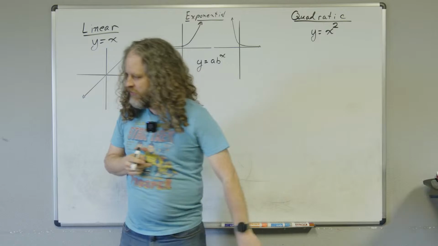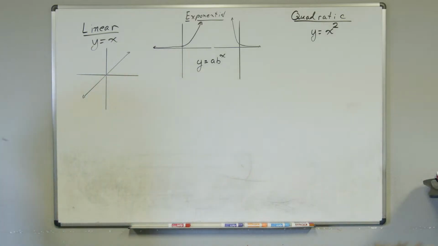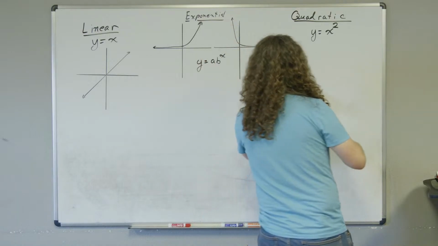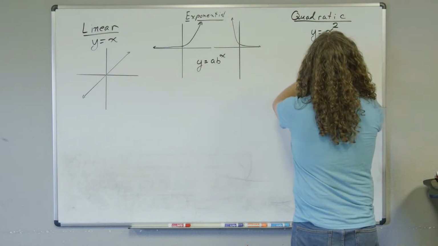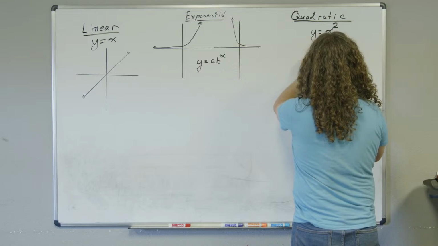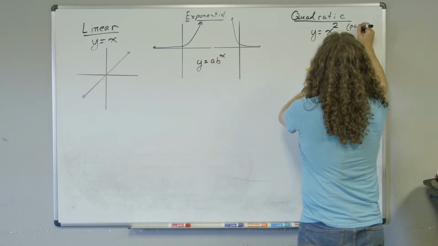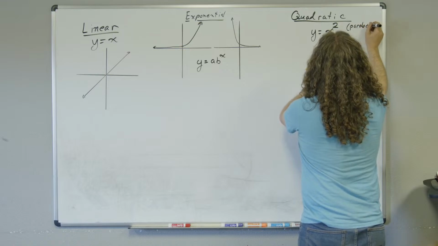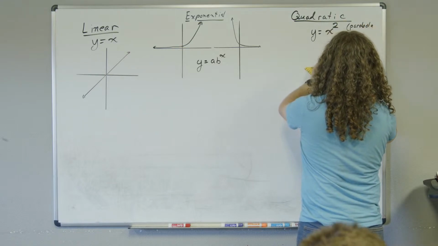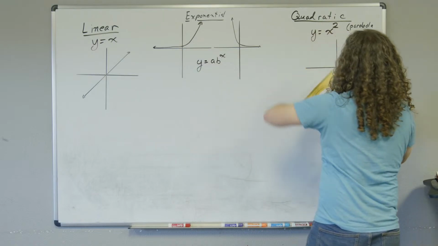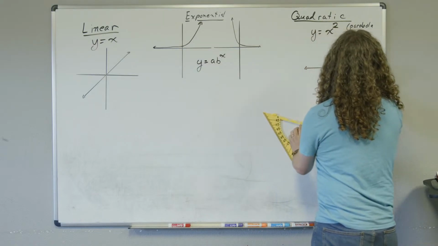Okay. And its shape, the shape of a linear parent function is a line. The shape of exponential is exponential graph. It doesn't have a cooler name than that. The shape of a quadratic function is called a parabola. Okay. And the parent function looks like this.